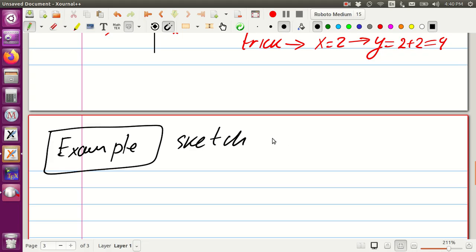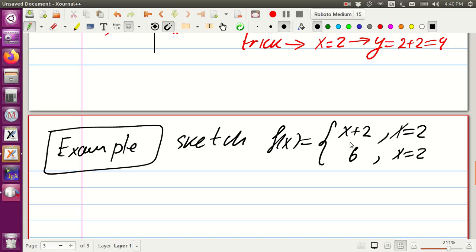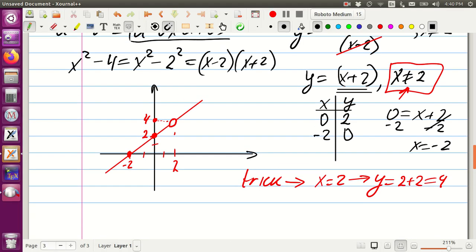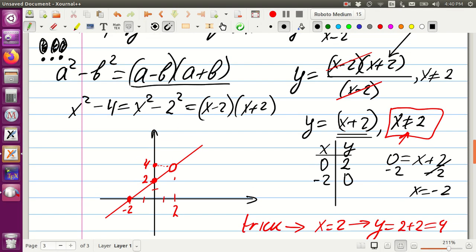So sketch f of x equal to, and it's a piecewise function. Piecewise function means a function consisting of different pieces. So let's use x plus 2 when x is not equal to 2, and use y equals 6 when x is equal to 2. But we actually did plot this function before over here, so I'll just reuse my values.